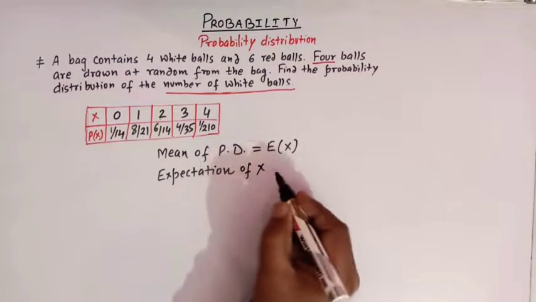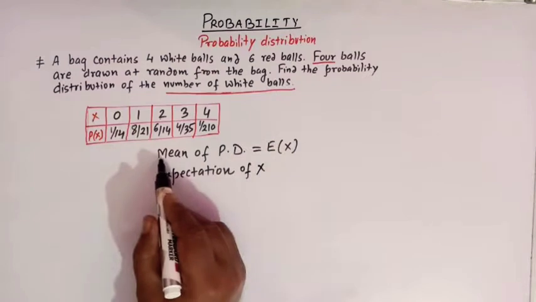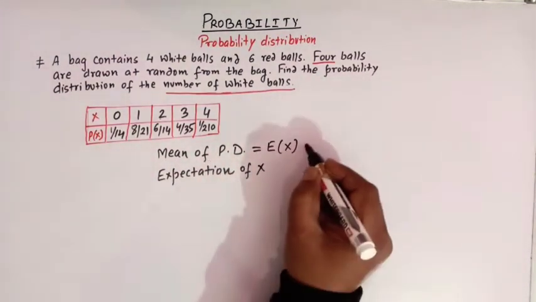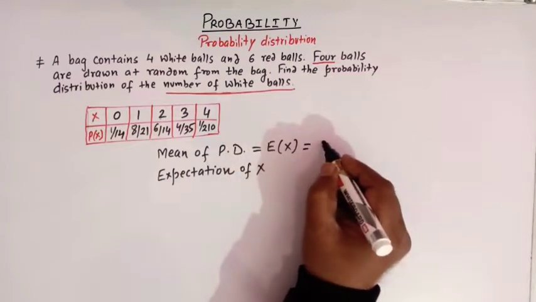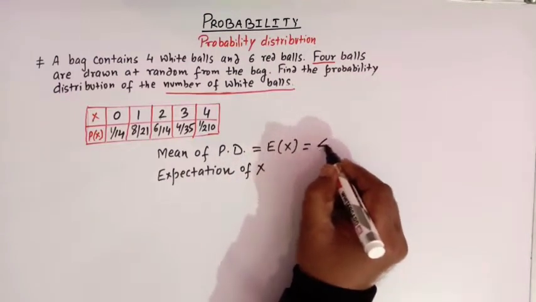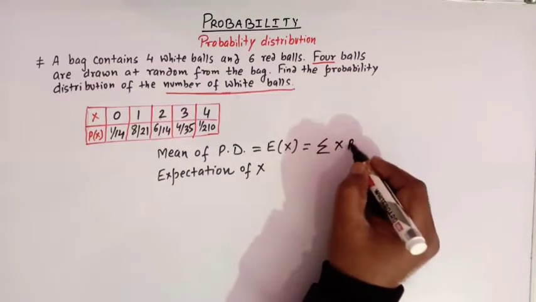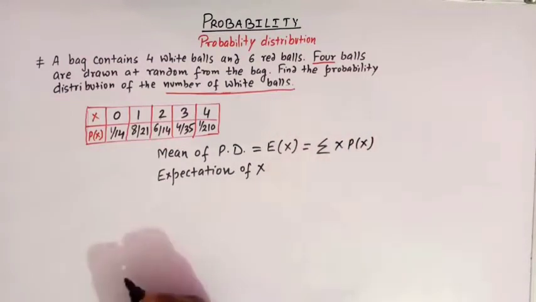So expectation of x is also known as mean of the probability distribution, and E of x is given by the rule or the formula, that is sigma of x p of x, right?